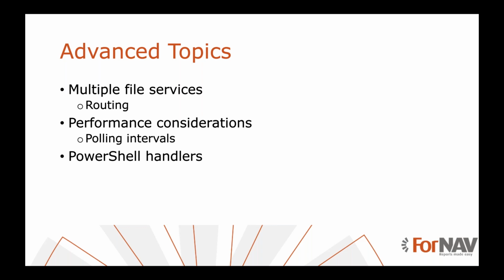Some of you will have files at different locations, maybe different offices or production facilities, or even on two machines inside the same office that you want to work with. So the infrastructure allows you to set up multiple file services if you need that.